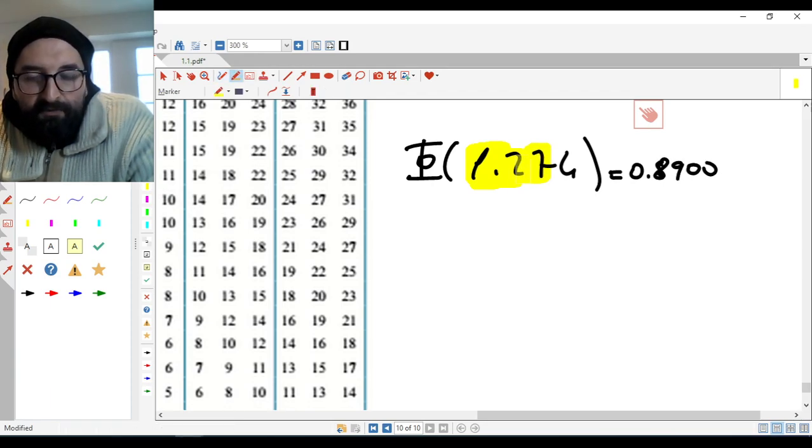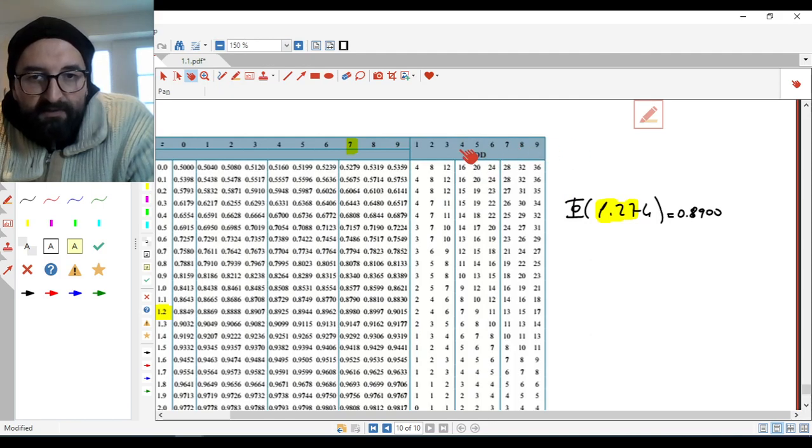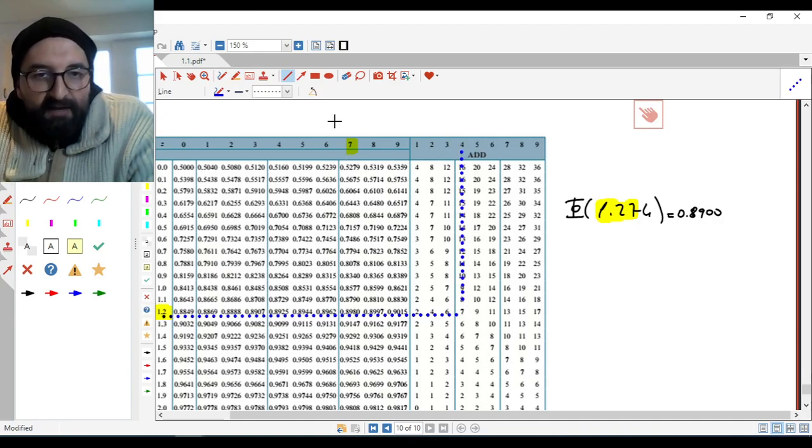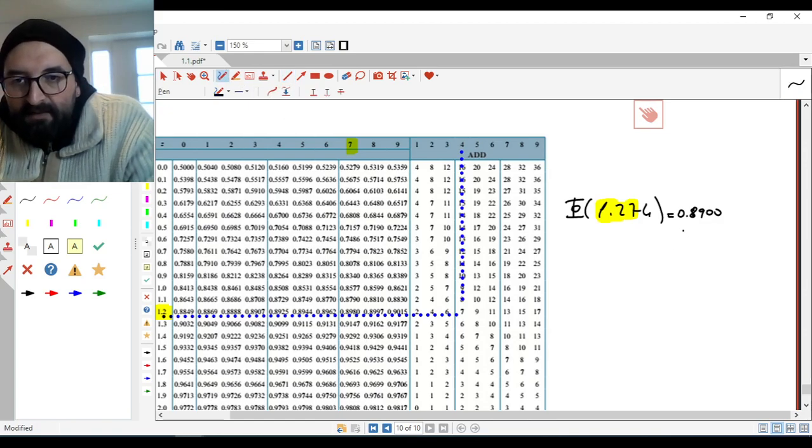Now we found 1.27, and lastly we have to find 4 in this section, and 4 here meets 7. We have to add 0.0007, and then we get 0.8907.